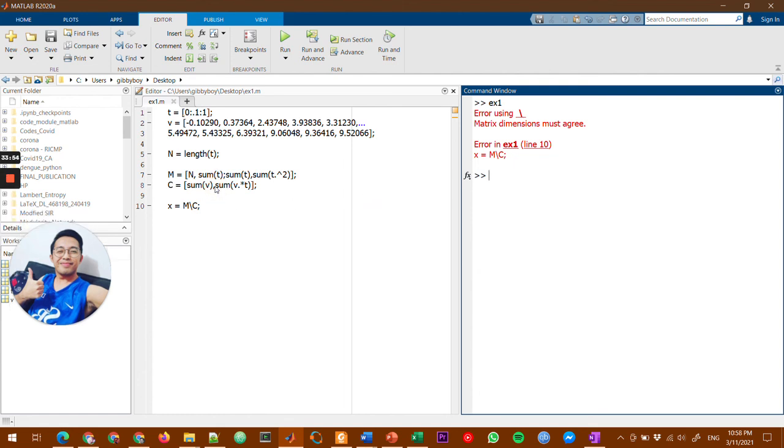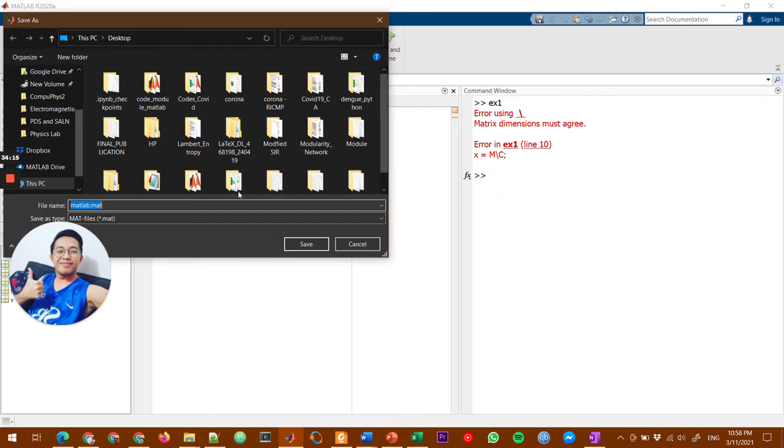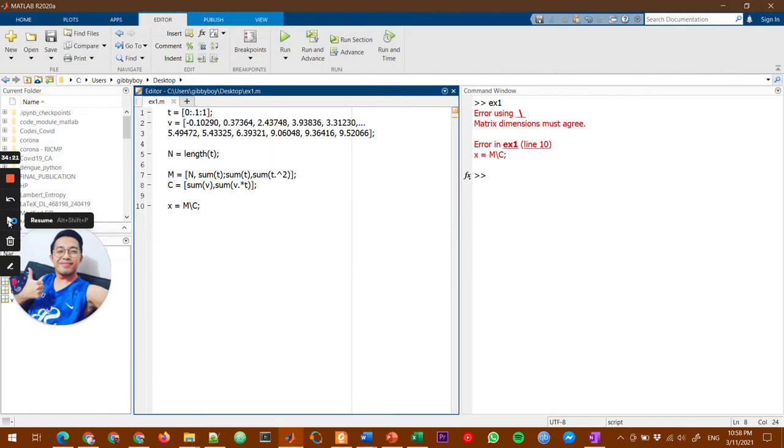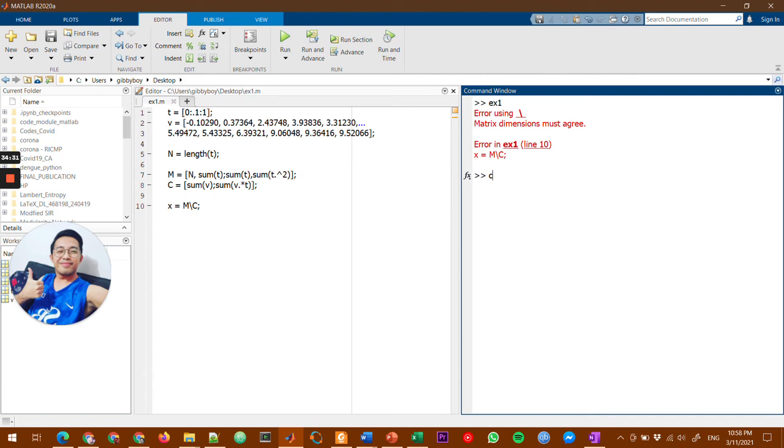So dapat for this case, oh, I cannot write. So ang error niya is dapat this is a column vector man, di ba? So dapat naka sa may column na siya. Okay. So let's run it again.